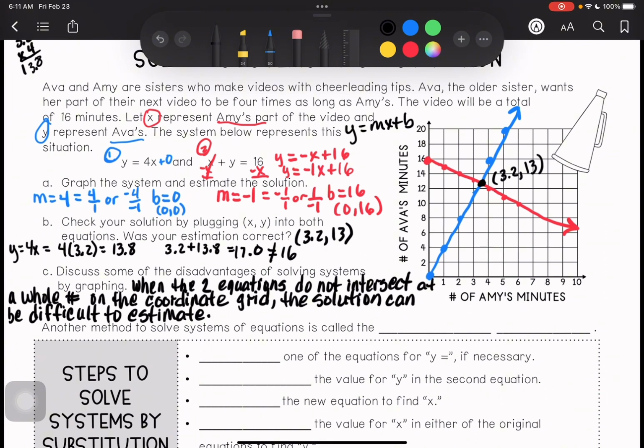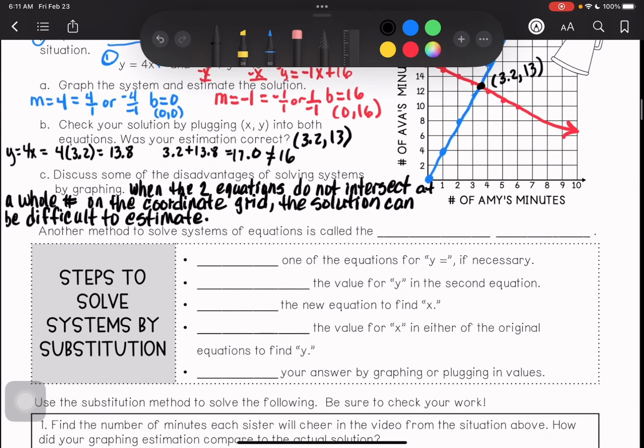Okay. So another method to solve this is called the substitution method. Steps to solving systems by substitution. The first step, you're going to solve one of the equations for y, if necessary.